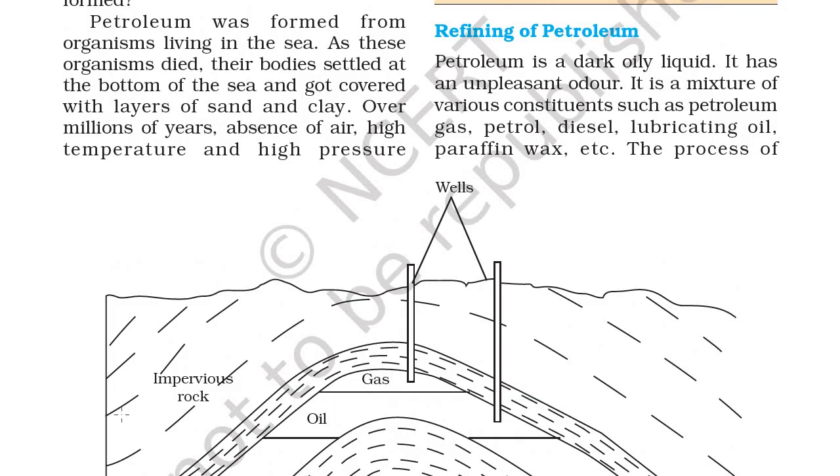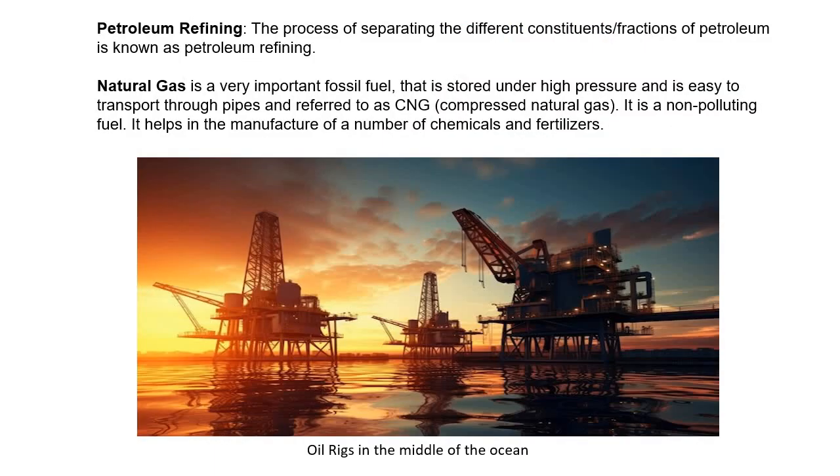Now, refining of petroleum. The process of separating the different constituents or fractions of petroleum is known as petroleum refining. Petroleum refining involves fractionating crude oil into major fractions through chemical, thermal, and physical separation processes.